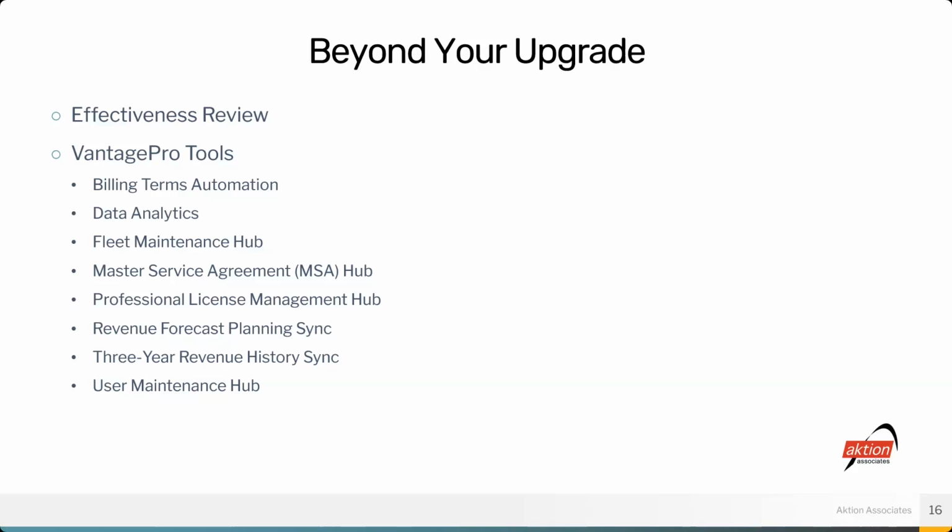Revenue forecasting, 3-year revenue hub is synced within the firm's record to quickly see what firms you've had revenue with over the years, and the user maintenance hub. All 3 of those areas also allow you to quickly get information about areas of the system and manage them from those locations as well, so that you can gain in efficiencies that we've built into the system.